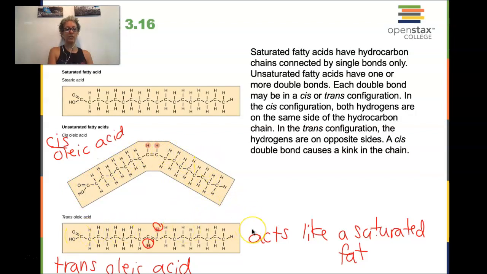It's going to act like a saturated fat. Now, our bodies can certainly process both saturated and unsaturated fats, but our bodies have a tougher time with trans unsaturated fats. This repositioning, same atomic formula, rearranging the atoms will mean our enzymes have a tougher time fitting that. It's supposed to fit this bent molecule, and now it's straight, and it doesn't work as well.